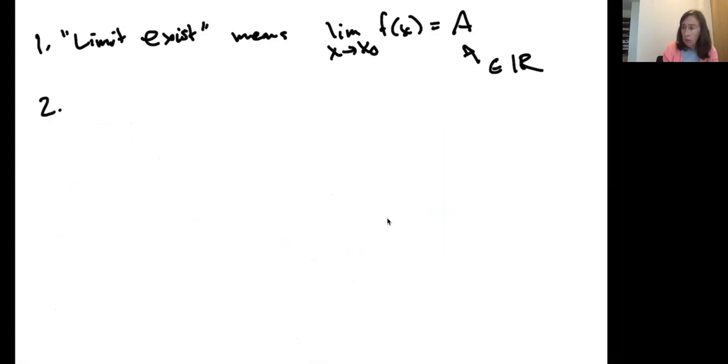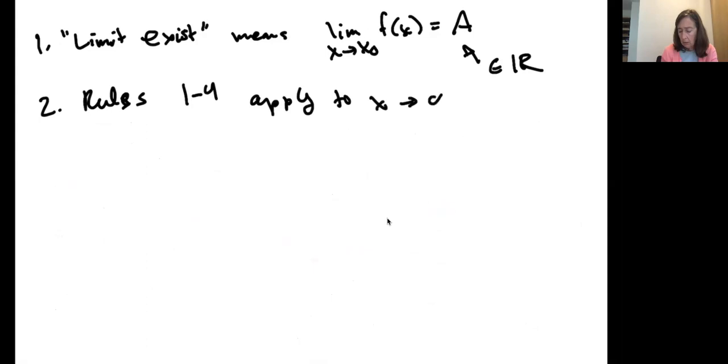Comment number 2, another sort of point about infinity. Rules 1 through 4, so all my rules except rule 5, apply to x goes to infinity as well as x goes toward x naught.